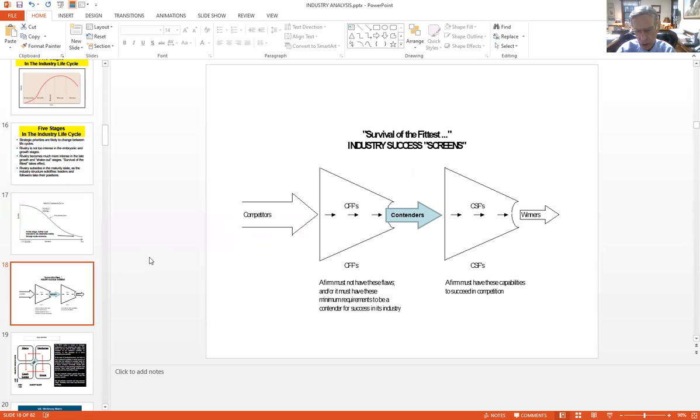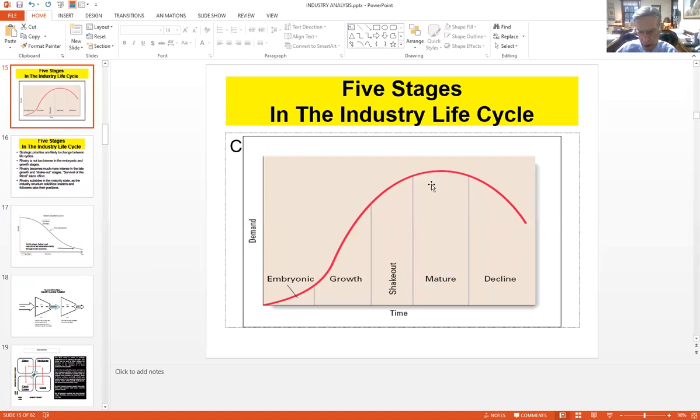The textbooks sometimes call them key success factors, but whether critical success factors or key success factors, you can find those in the literature. But those occur, and those are relevant up here in the mature stage, in the shakeout.